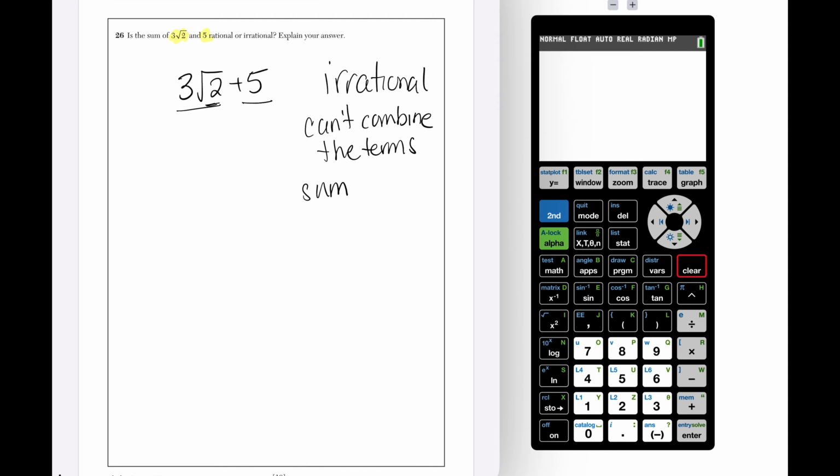My sum wouldn't be a ratio. Okay, so that's kind of what my reasoning is on this one. And you can kind of leave that in there. You could say it's irrational because the sum cannot be written as a ratio. So let's put that into a full sentence.